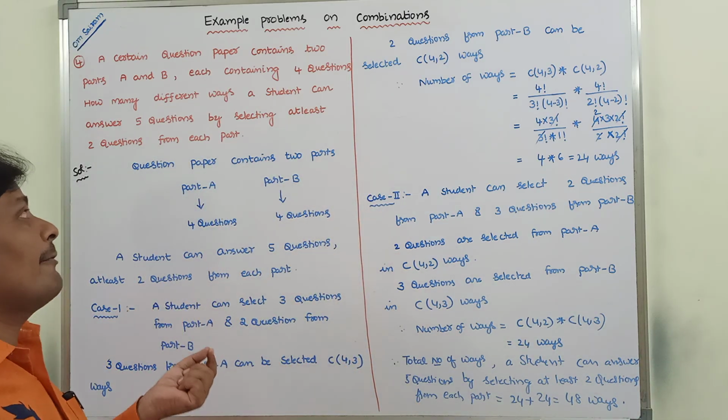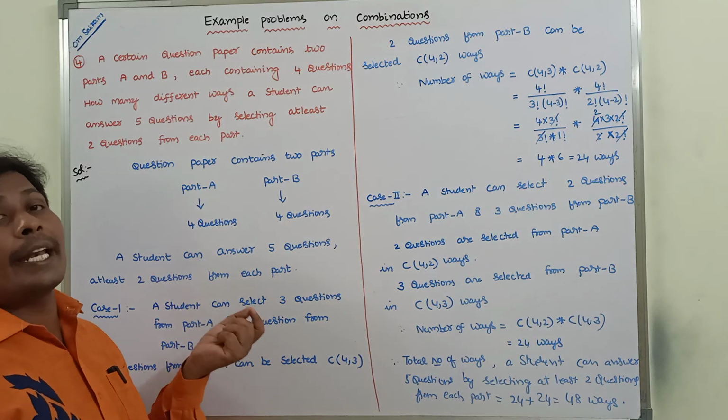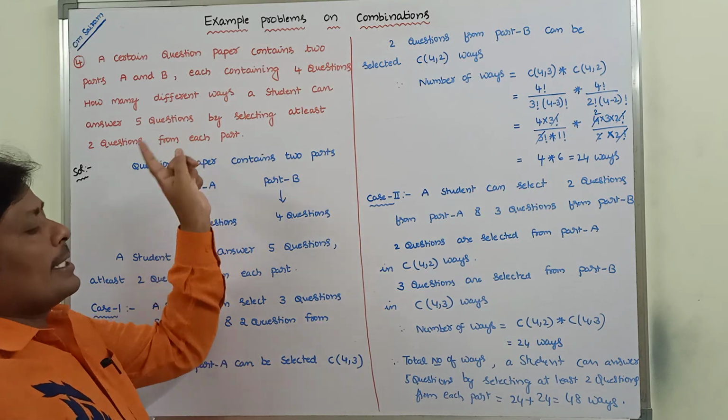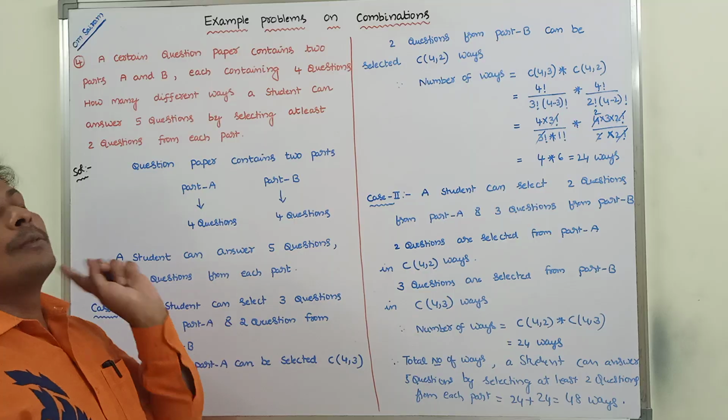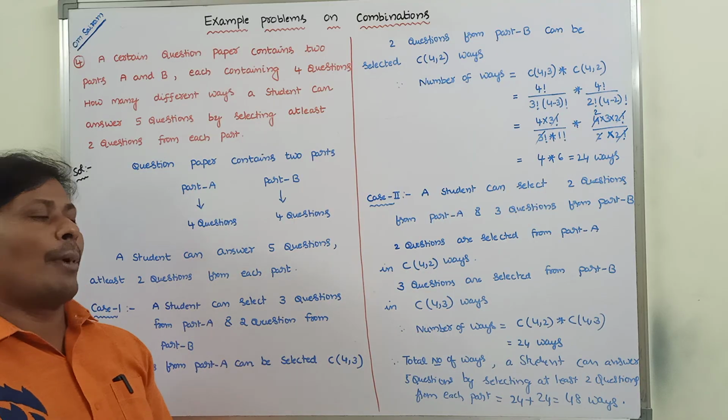So a student can answer 5 questions by selecting at least 2 questions from each part in 48 ways.